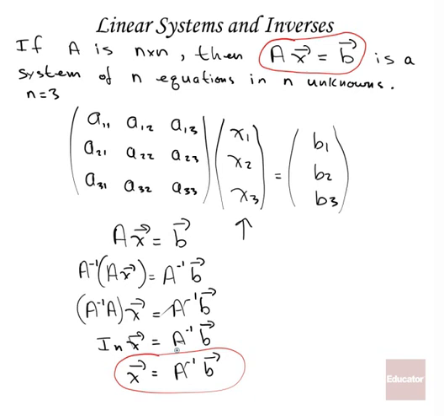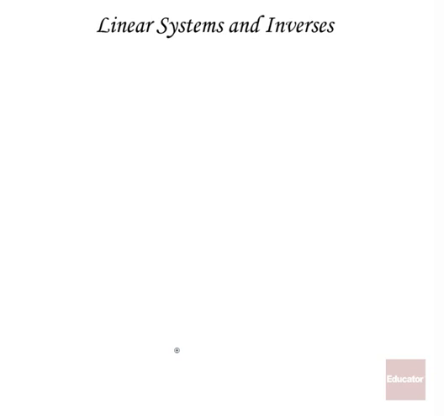So let's list this as a theorem. Linear systems and inverses. If A is n by n, actually the theorem that I'm going to list is for homogeneous systems, and in a little bit we'll talk about non-homogeneous systems where the right-hand side does have a vector b, not just all zeros.